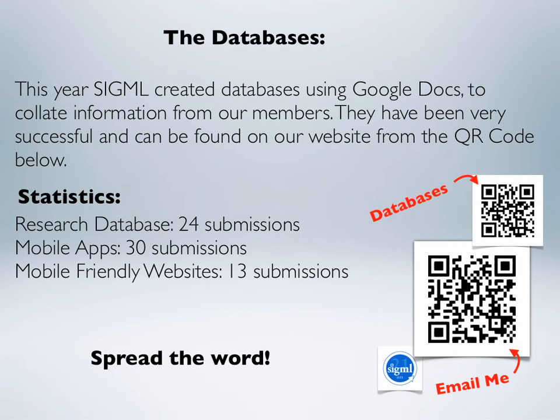Right now, we have very few submissions, only 67 in total. What we need is more submissions from you, our members. As we gain more submissions, this will become more of a resource for our members and for our leadership team to use as we determine where we're going. If you haven't seen our databases, the top QR code on this page will take you directly to them.